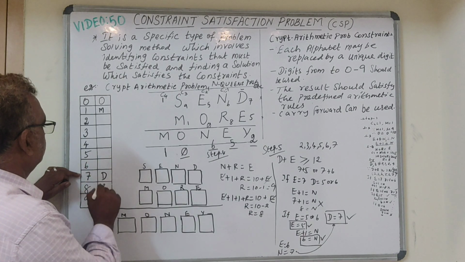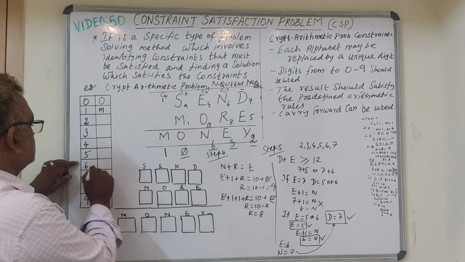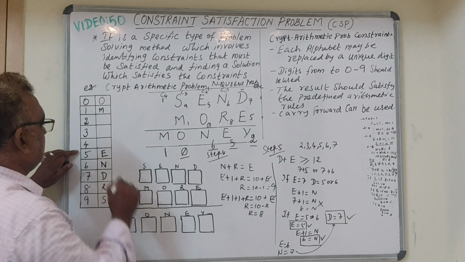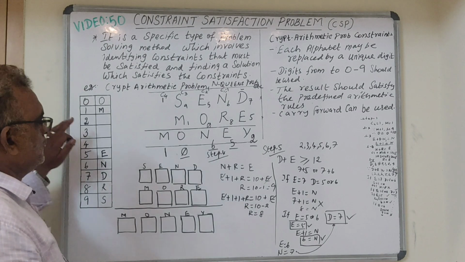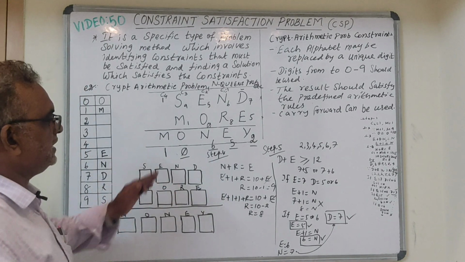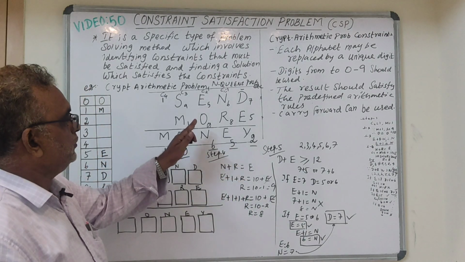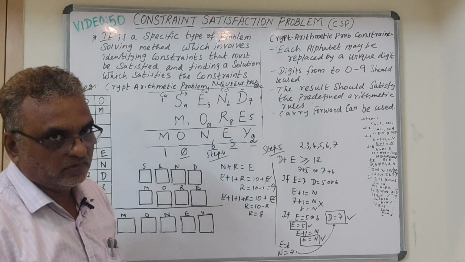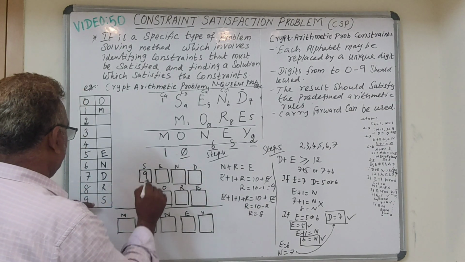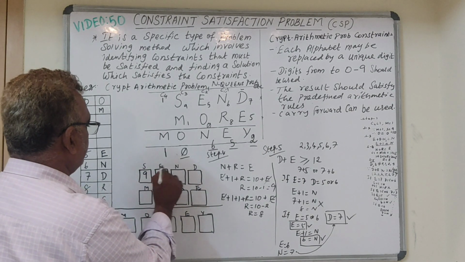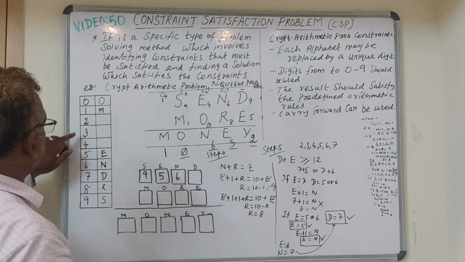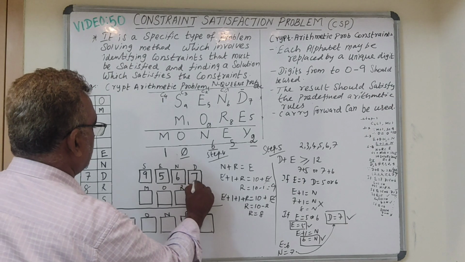So let us take the problem and substitute these digits for the respective alphabets. S is 9, E is 5, N is 6, and D is 7.